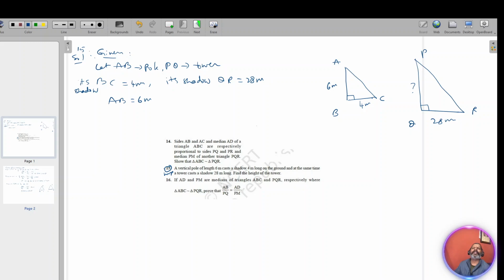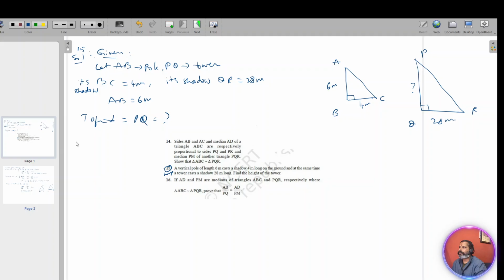First we have to show these two triangles are similar. Okay. One criterion we already have, 90 degree. Another one is by concept. Please understand this. To find PQ equal to question mark. Then proof.